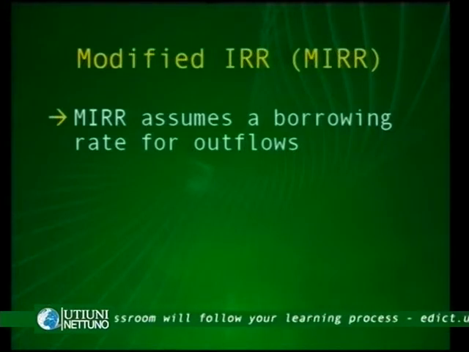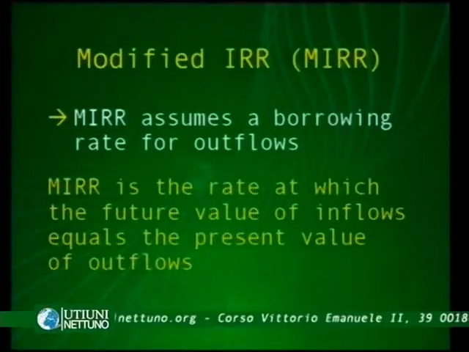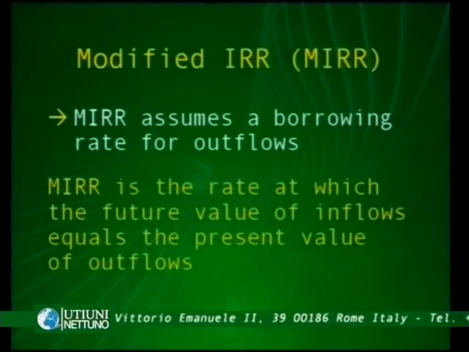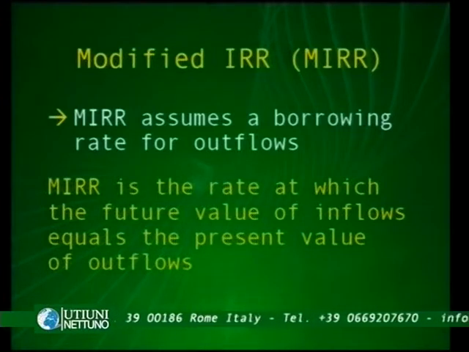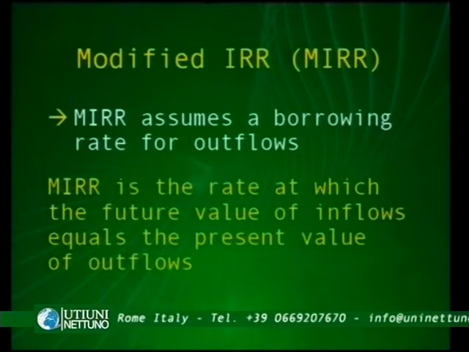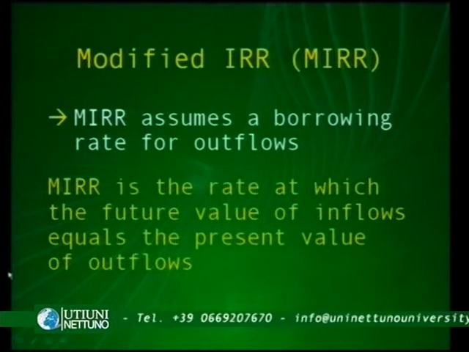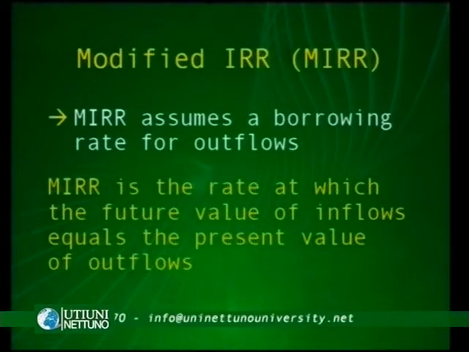So it basically assumes different rates for the inflows and the outflows. By its definition, the MIRR can be defined as the rate at which the future value of inflows equals the present value of outflows.